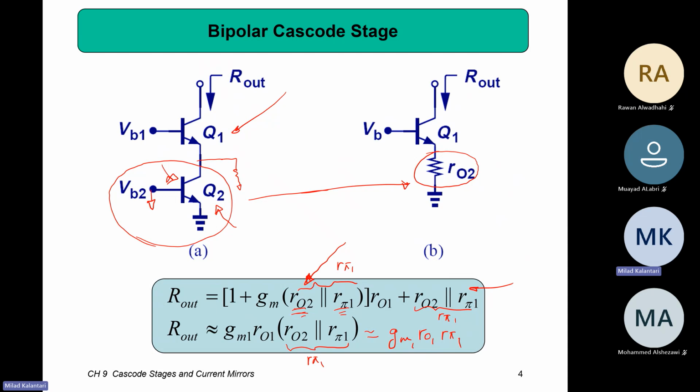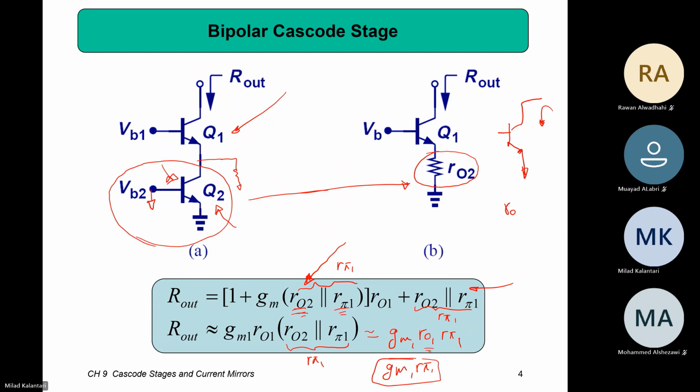So comparing to just a normal common emitter, the impedance of the device was only R out. But now you are seeing that there is a factor. It has the R out, but there is a factor of gm1 times r pi 1. This value is larger than 1.